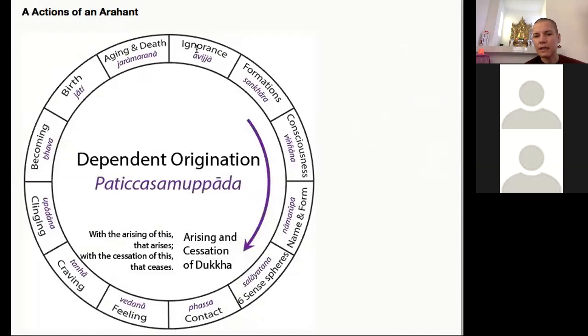And in simple words, we can say that because of not knowing, because of ignorance, one acts. These are actions, our volitional actions. Because of acting, because of doing, one experiences, one feels.